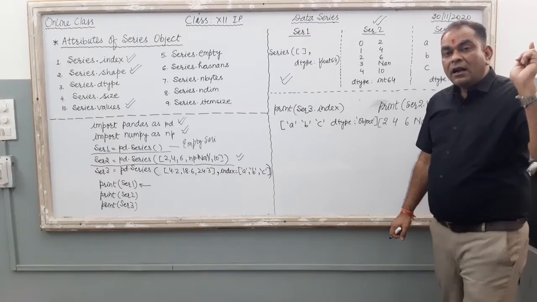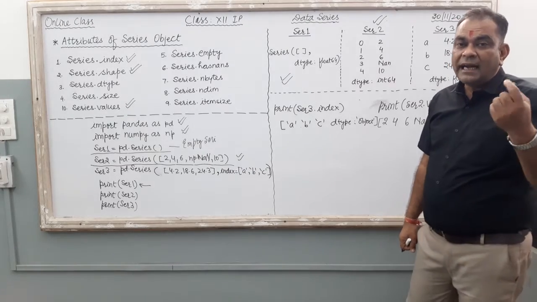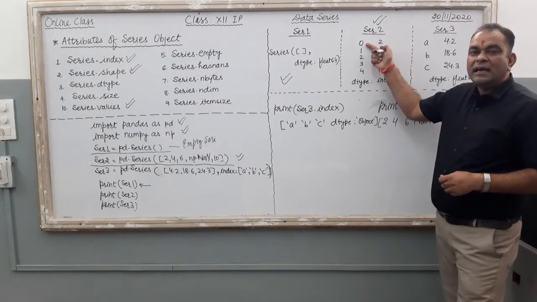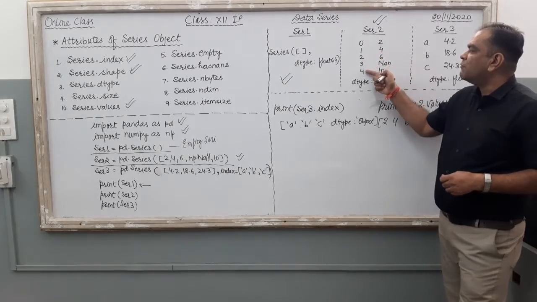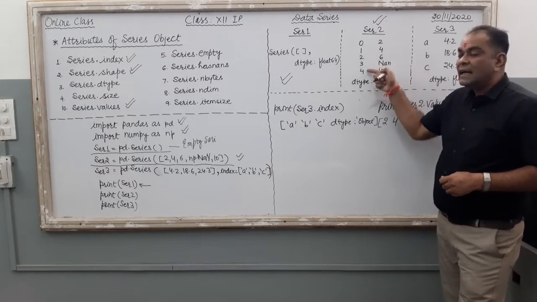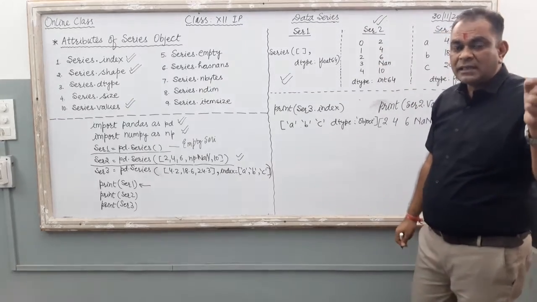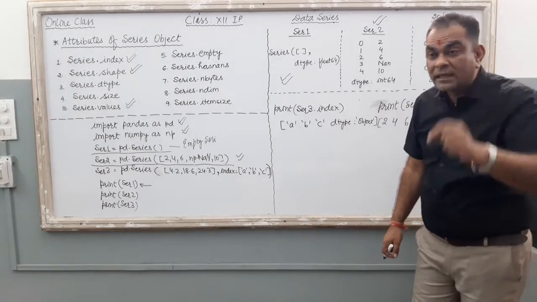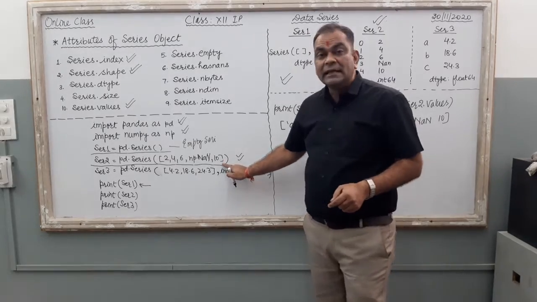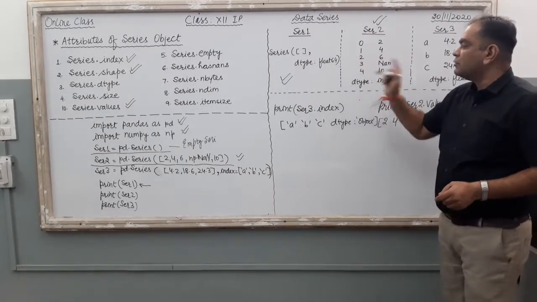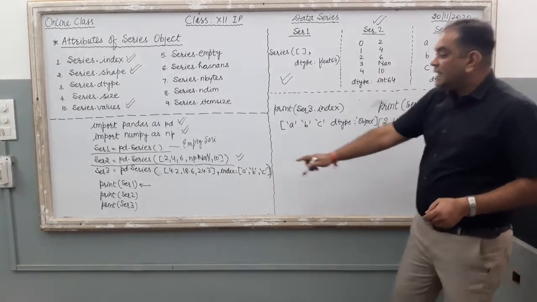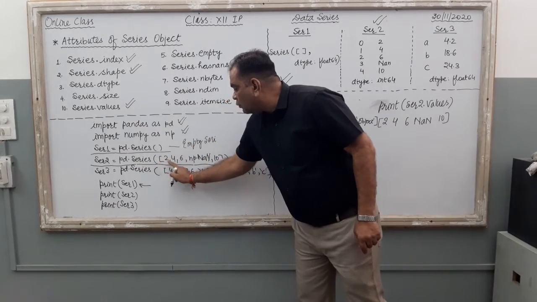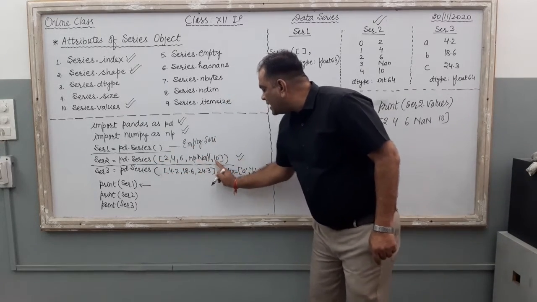If I do not supply the index, computer takes the default index, it is 0, 1, 2, 3, 4. These are the default index positions. Right, computer started from 0 and then continuously with +1 +1 +1. ये कब आता है? जब आप इंडेक्स वैल्यू नहीं देते हो तो कंप्यूटर बाय डिफॉल्ट लेगा 0 1 2 3 4.